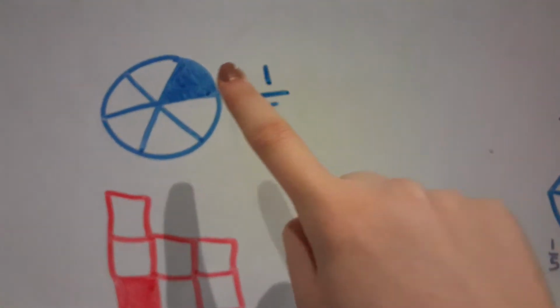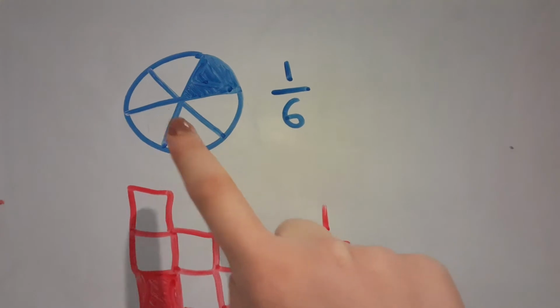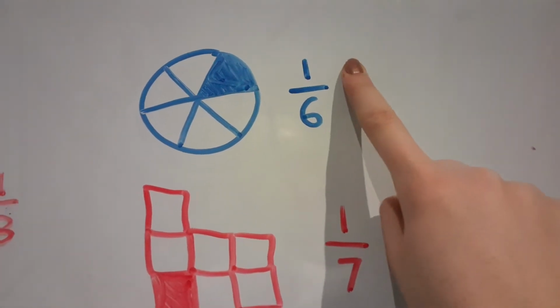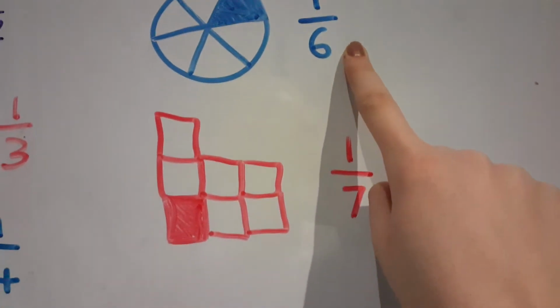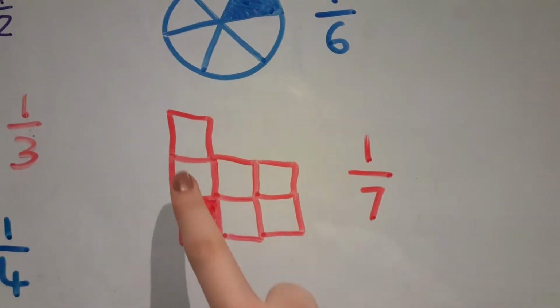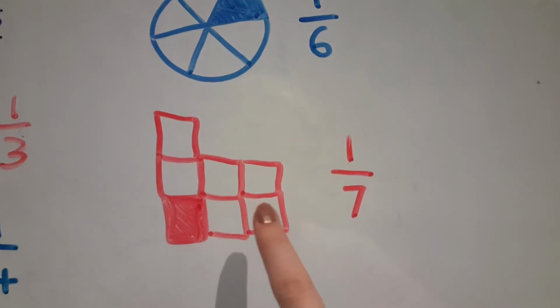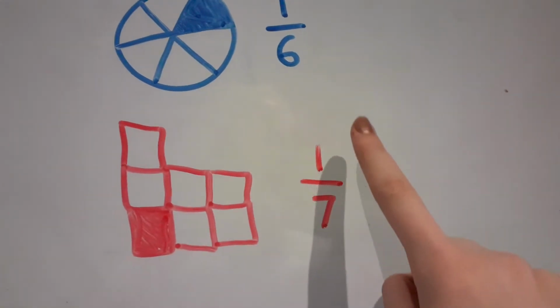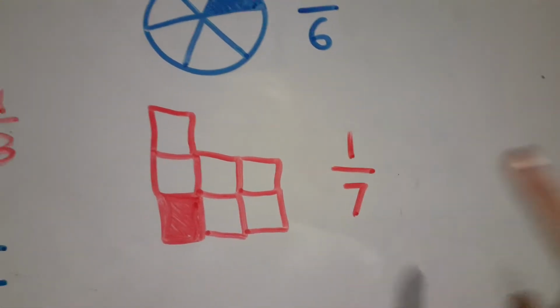Then we have 1, 2, 3, 4, 5, 6, and 1 is colored in. The 1 colored in out of the 6 blocks. Then we have 1, 2, 3, 4, 5, 6, 7, the biggest one. 1 colored in, so the 1 is colored in out of the 7.